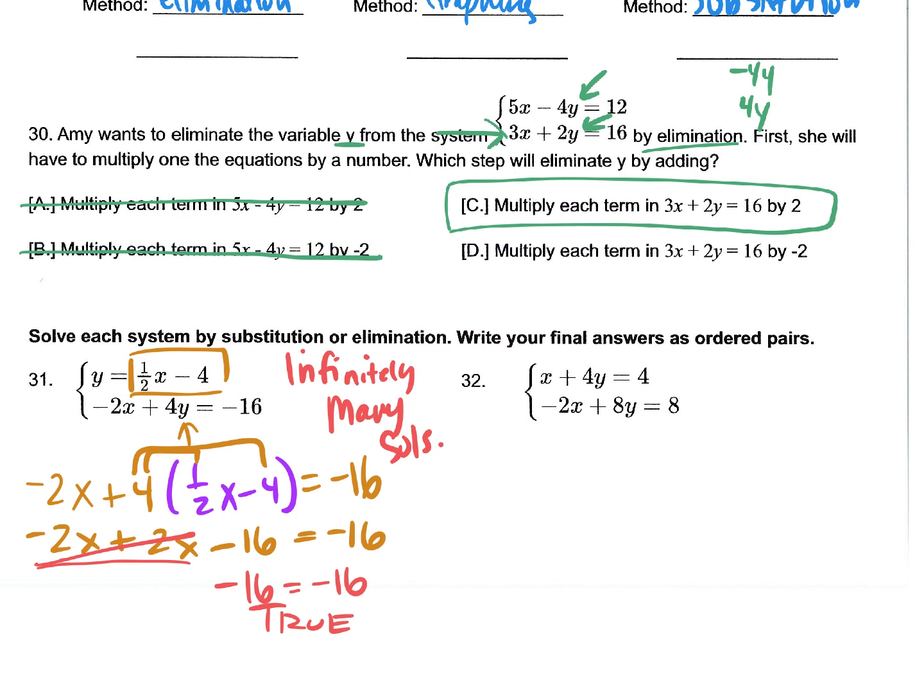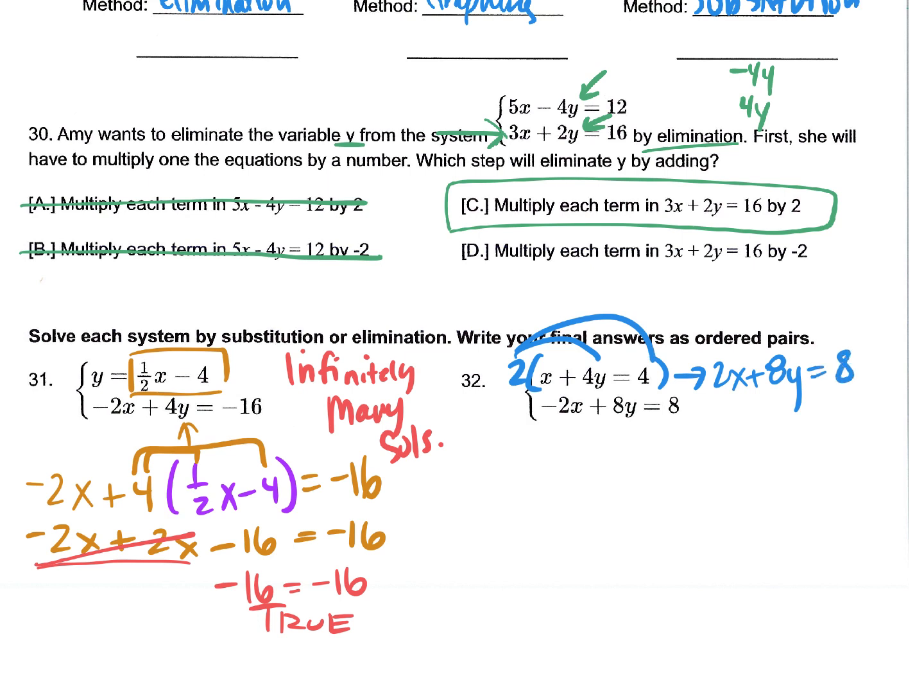Number 32, you can't add straight down yet because no variable would be eliminated, but you could multiply the top equation by 2, and you have to multiply it all the way across because then you'd have a 2x and a -2x, which would then eliminate. So if I multiplied everything by 2, I'd get 2x plus 8y, because you got to do it to all 3 actually, is equal to 8.